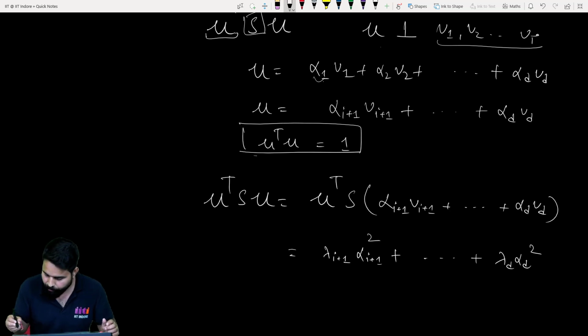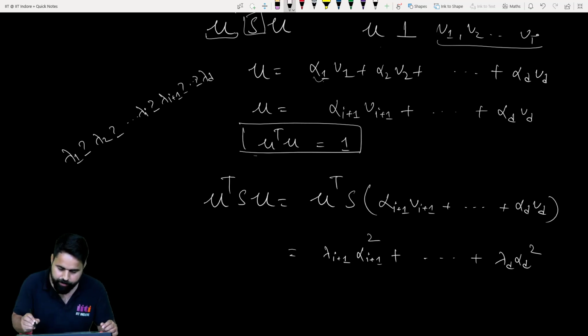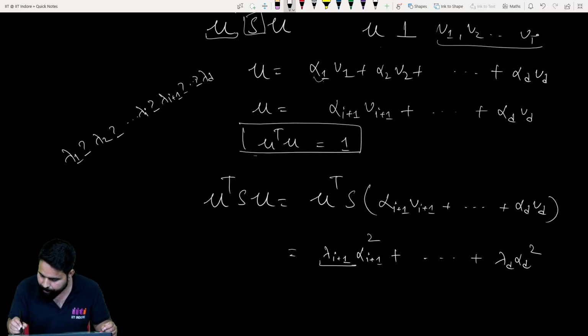Remember our eigenvalues were arranged so that lambda 1 was greatest and so on: lambda i is greater than or equal to lambda i+1, which is greater than or equal to lambda i+2, and so on down to lambda d. Since lambda i+1 is the largest among the remaining eigenvalues, I can bound it like this.